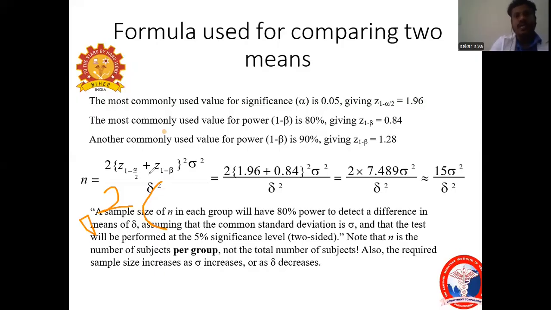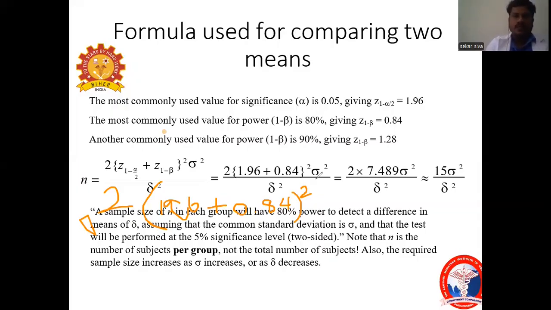So it is 2 into Z1 minus alpha by 2 for 95%, that is 1.96, plus the beta value, 0.84, the whole square, and the standard deviation value we already mentioned, 20.